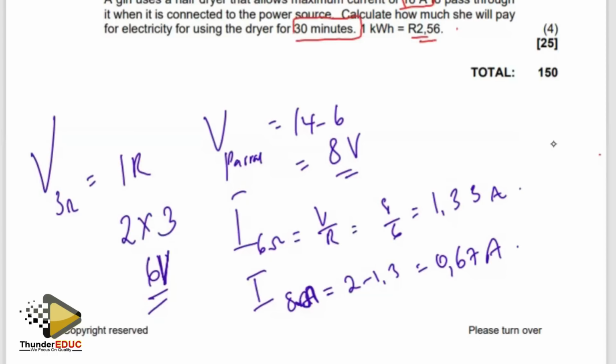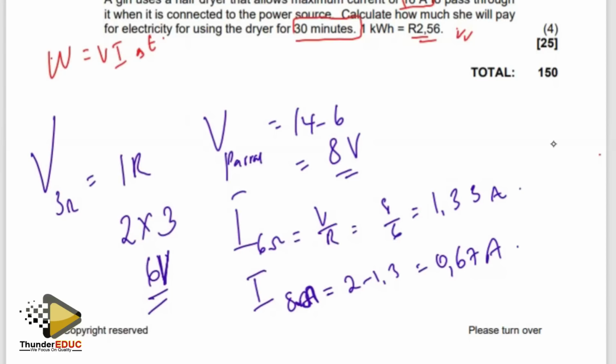So this question is just a link to what we just calculated before. Okay, so what we can do, we can just apply the same thing. You can say that the work done can be VI multiplied by delta T. If we can get the amount of work done, then we can multiply by the cost.